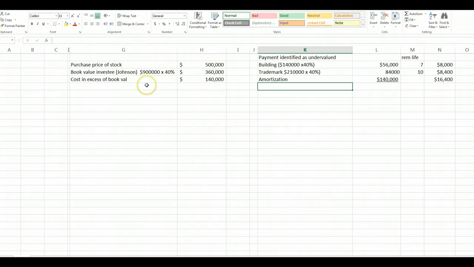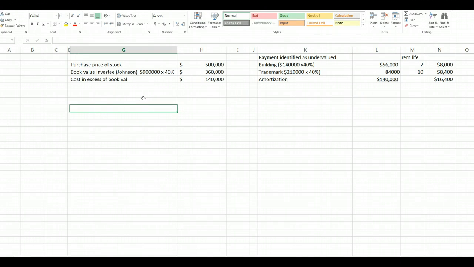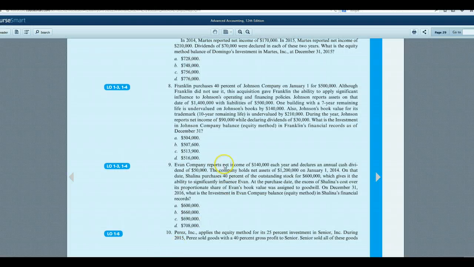So let's go back here. We've figured out what we purchased it for, the book value, and we allocated the excess as an amortization. So now let's look at the investment. The purchase price was 500. The income accrual for the year: how much was their net income this year?